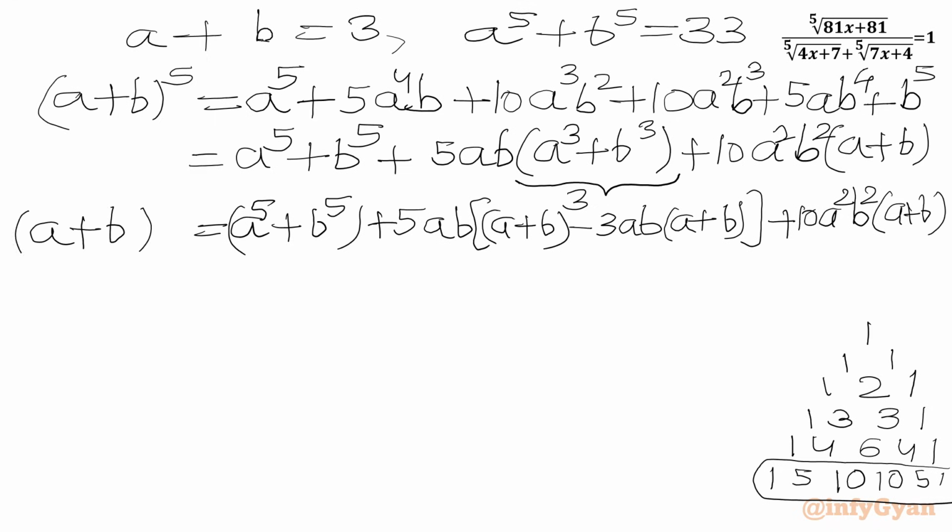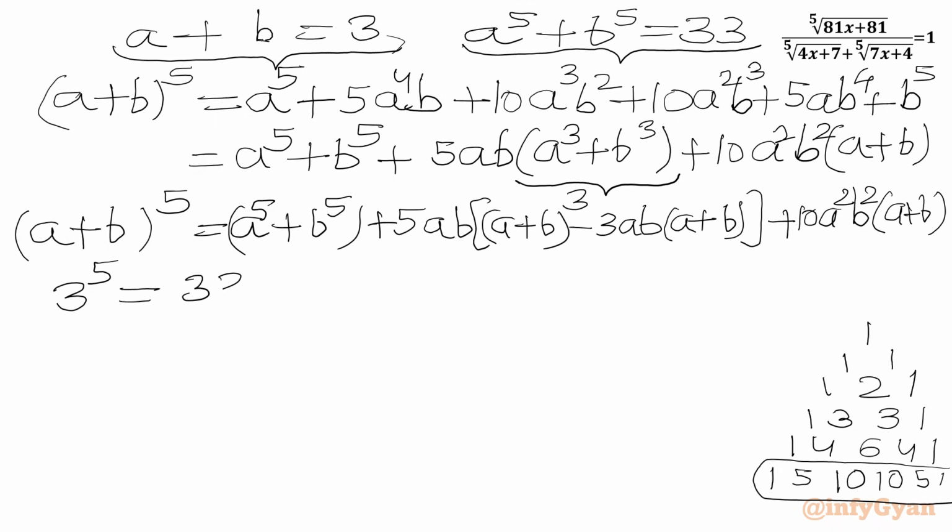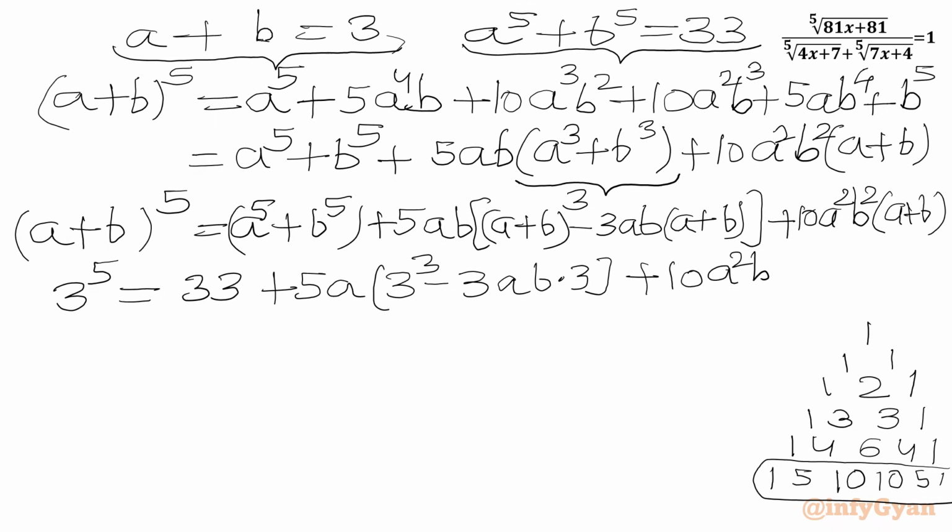a + b is 3. a^5 + b^5 is 33. So we'll be writing here 3^5 equal to 33 + 5ab in bracket 3^3 minus 3ab times 3, plus 10a^2b^2 times 3.